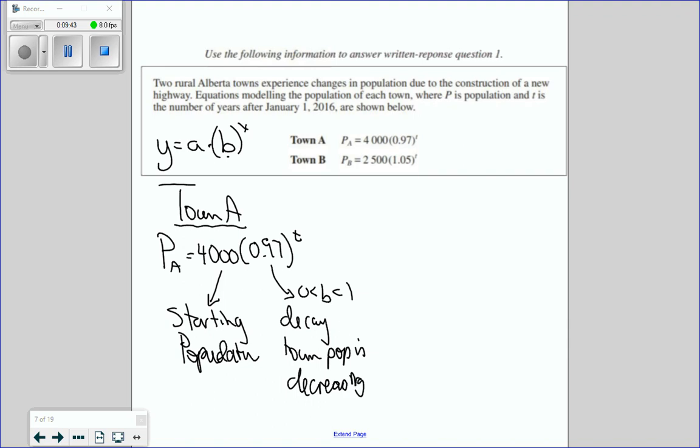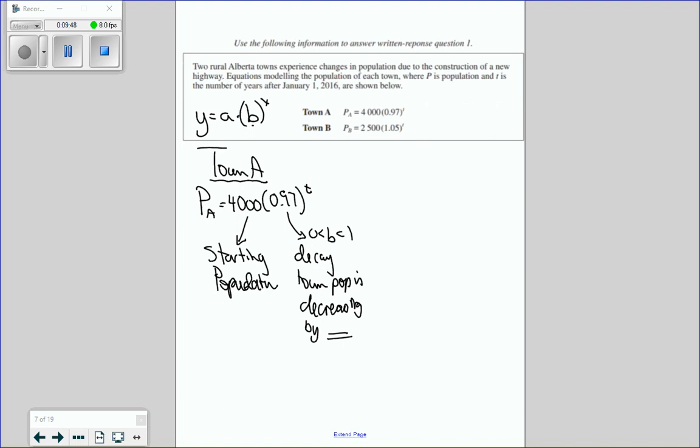Now, how much is it decreasing by? It's not 97%. What is it? 3%. Think about it. If you lost 97% of your town's population every year, that means after 1 year, you're going to start at 4,000, the next year you'd have like 200 people. Then the next year you'd have 5, right?